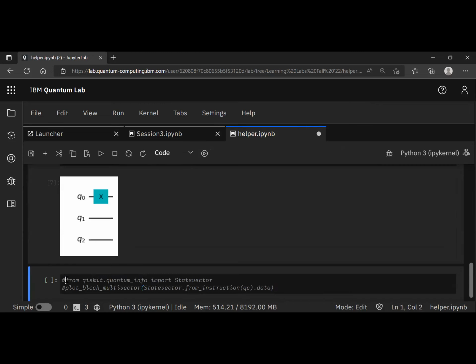So we're going to have to import this quantum info stuff, qiskit.quantum_info, and then we import Statevector, which is our literal arrow. It's another name for a state.